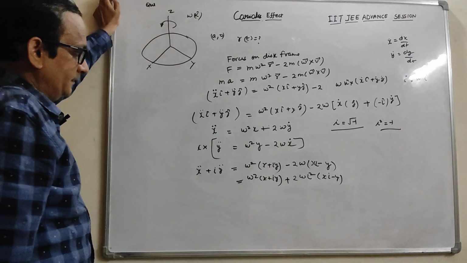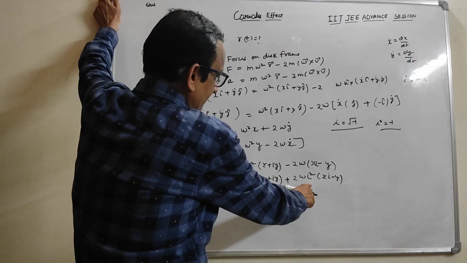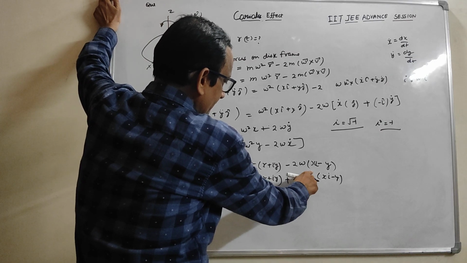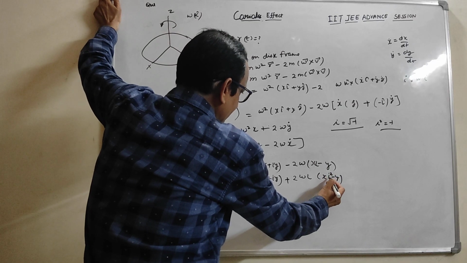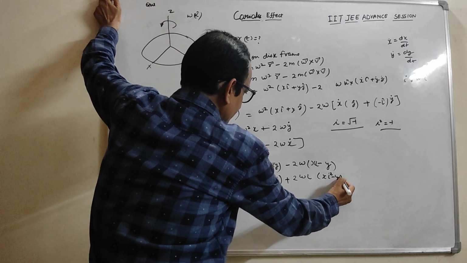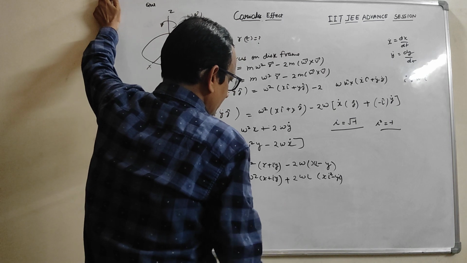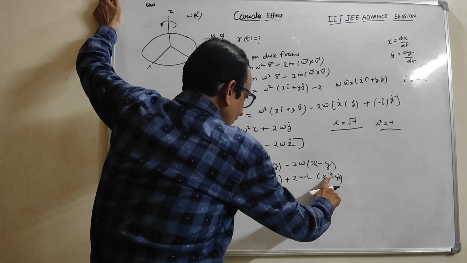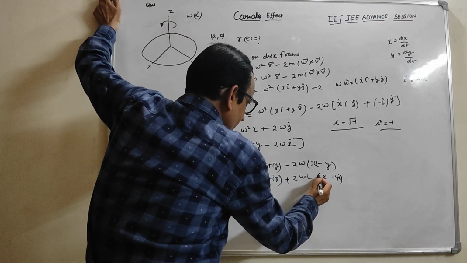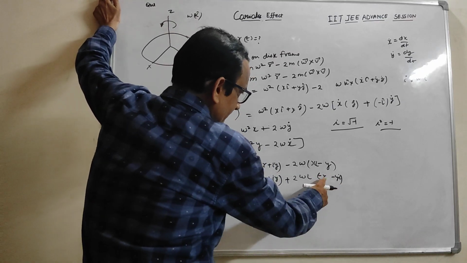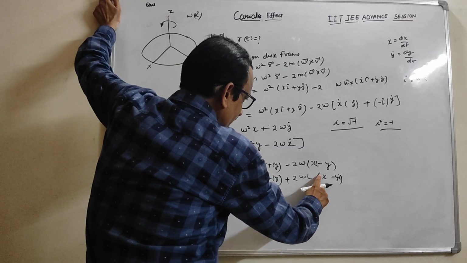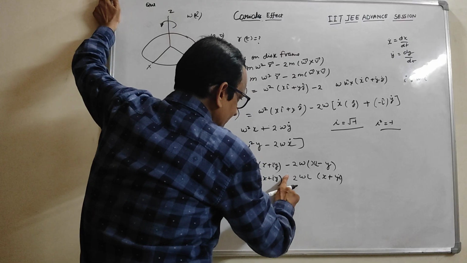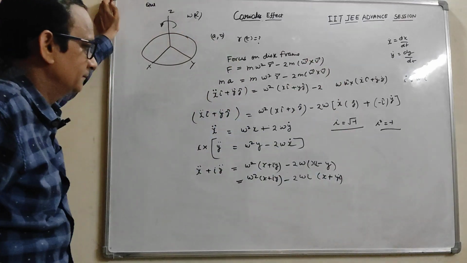Okay, so i square is minus 1. So this minus and this minus and this plus and this minus. Solve.